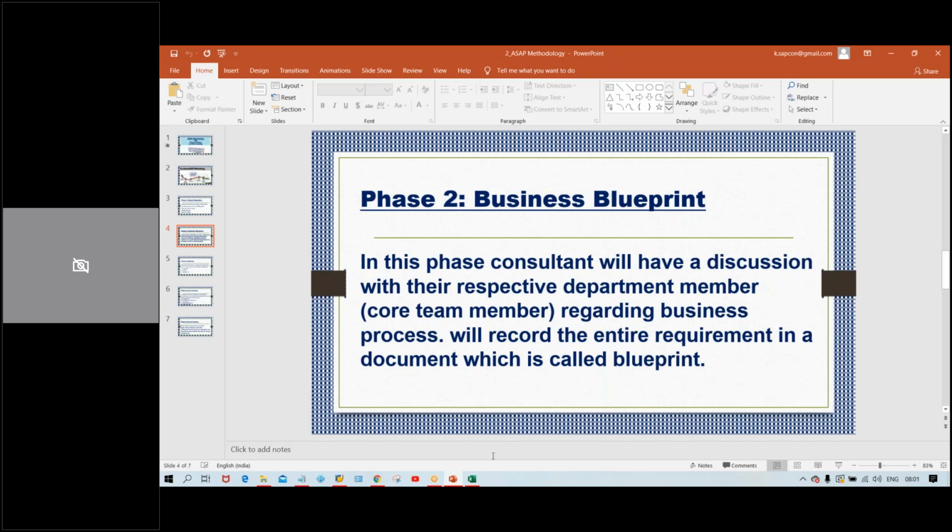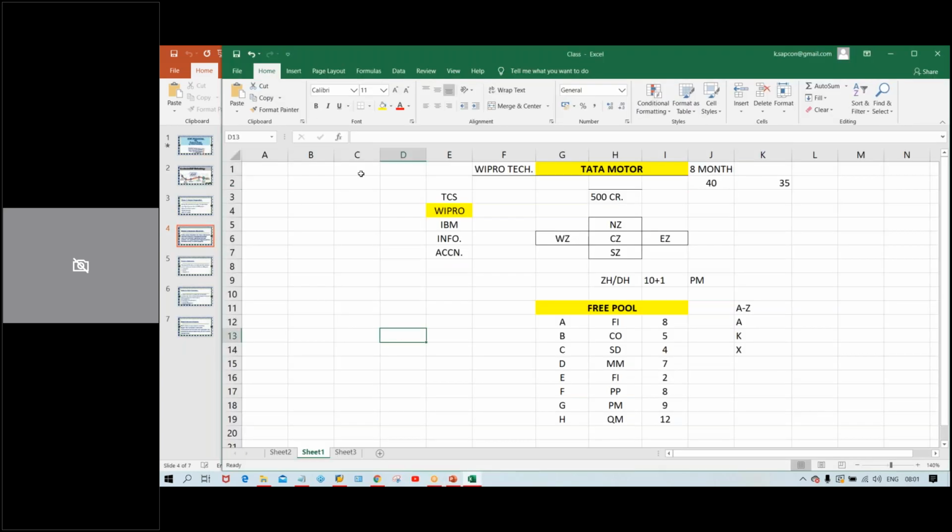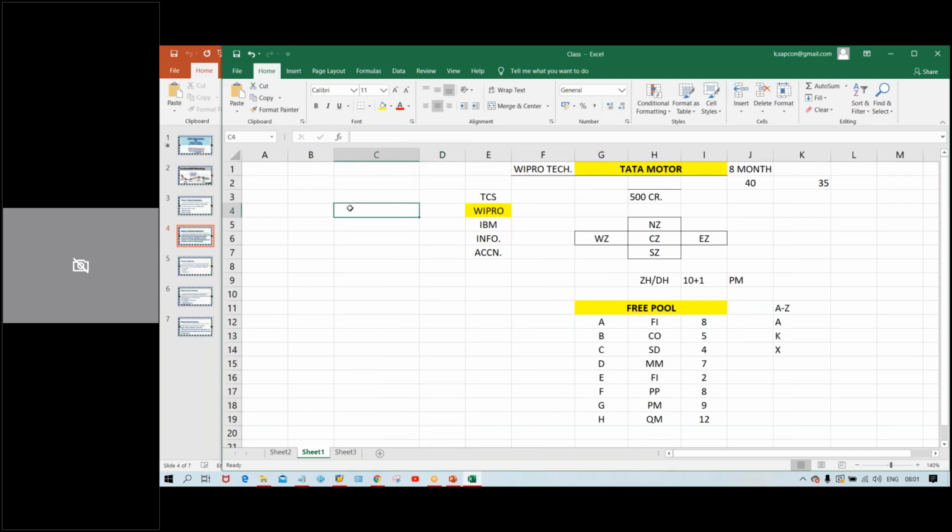So now what is happening, guys? Let's suppose we have prepared a blueprint. Even this blueprint document will have a certain name, right? Let's suppose the name is Tata Motor, business blueprint, with a certain version, version 1.0.